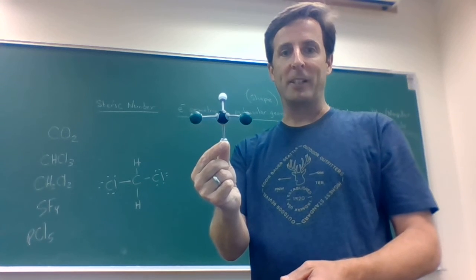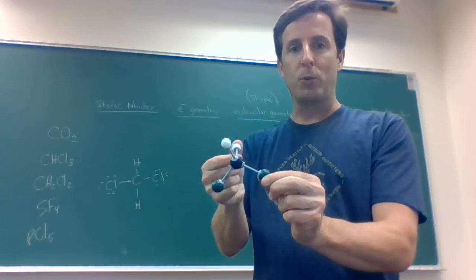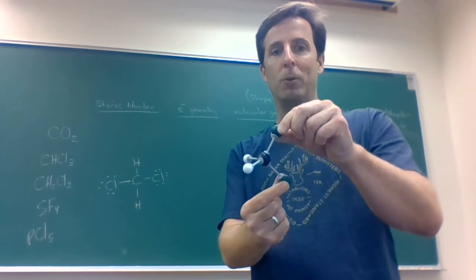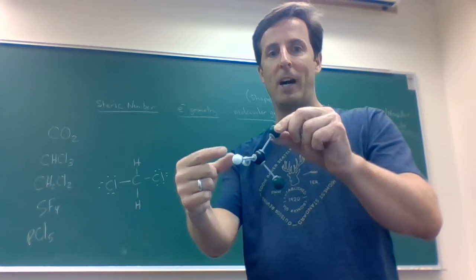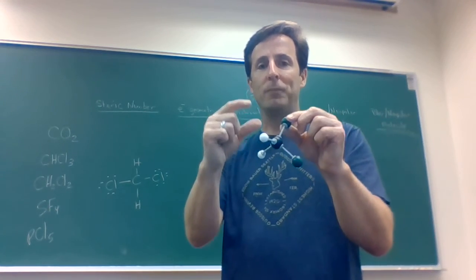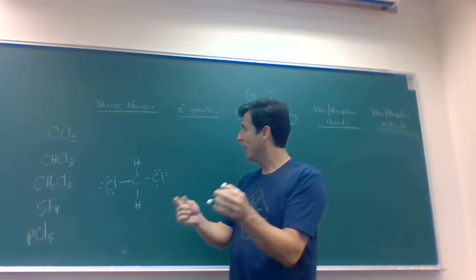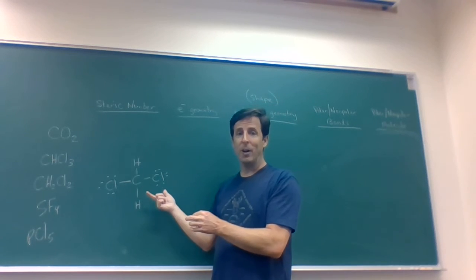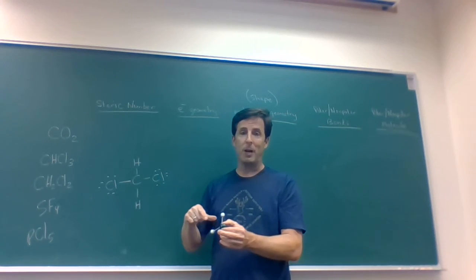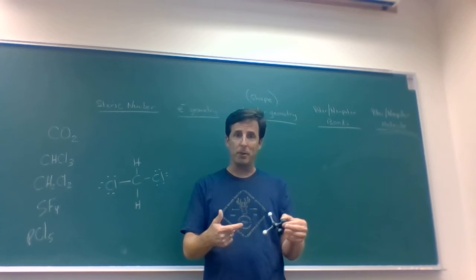It looks like they're on opposite sides, but really when I twist it, both chlorines are on the same side and the hydrogens are on the same side. Since it's tetrahedral, this drawing is not really accurate. A 2-dimensional drawing of a 3-dimensional molecule is never going to represent it properly.